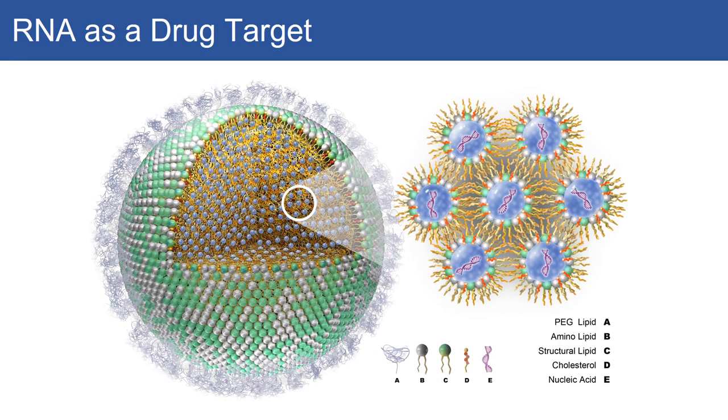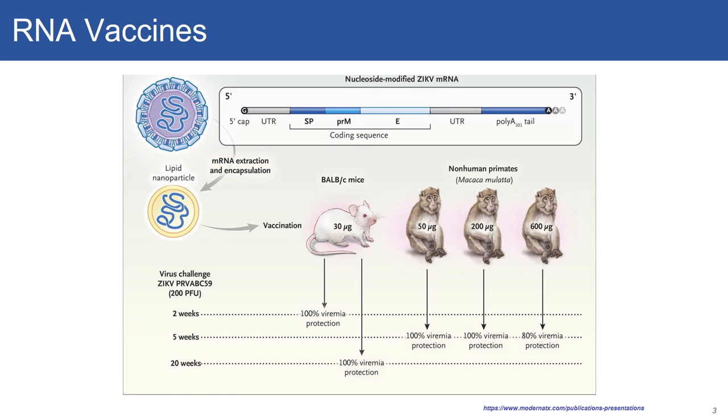Companies like Moderna are using these technologies to facilitate delivery of other RNA to knock down RNA as a drug target.